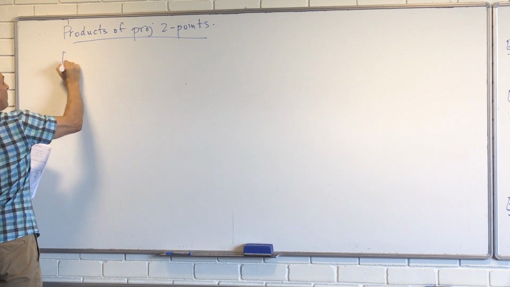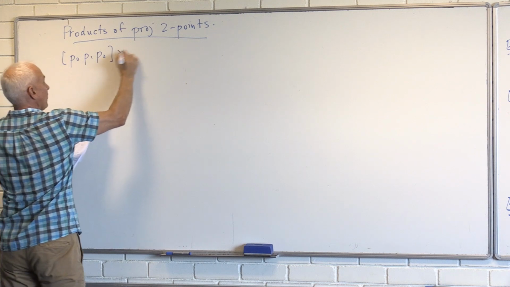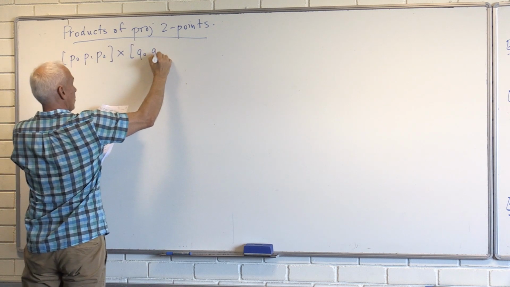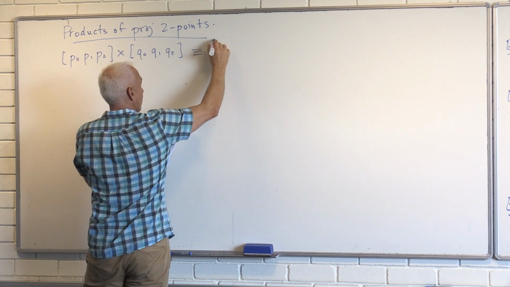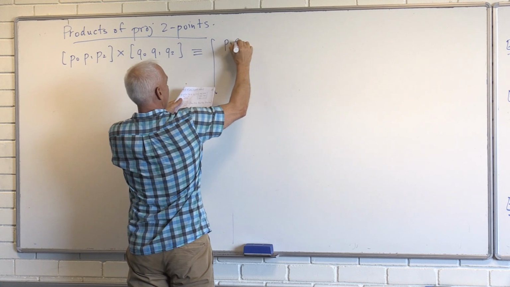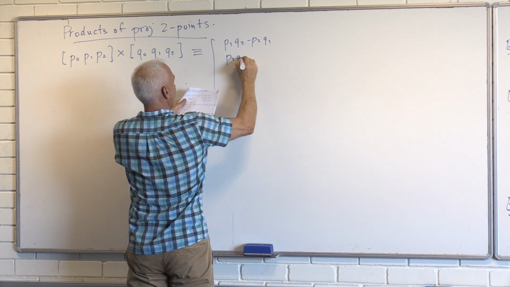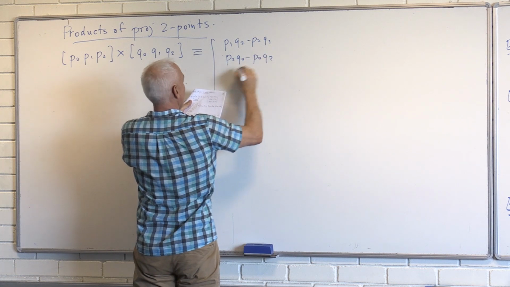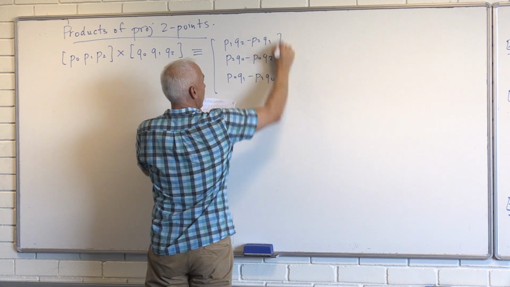So we have P0, P1, P2 cross Q0, Q1, Q2, and we define that to be exactly those 3 things: P1 Q2 minus P2 Q1, P2 Q0 minus P0 Q2, and P0 Q1 minus P1 Q0.